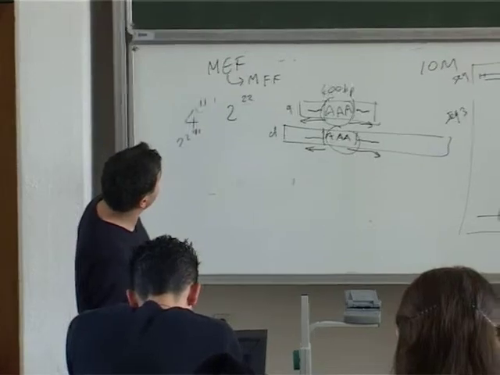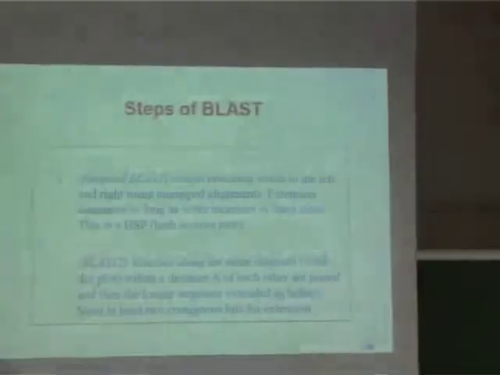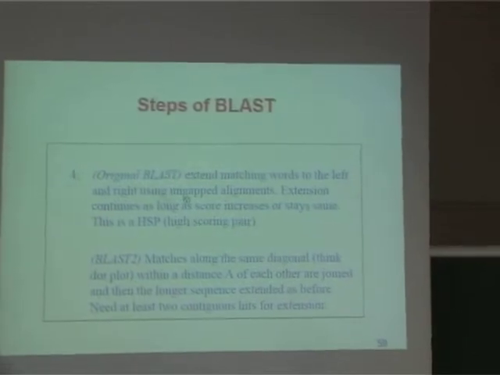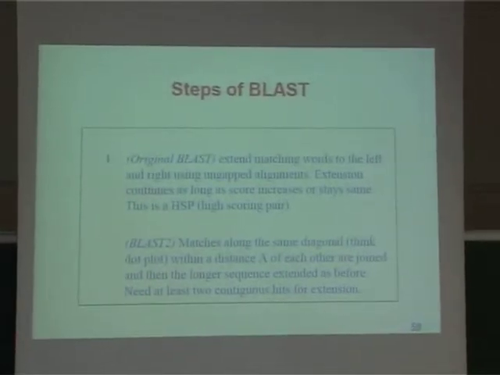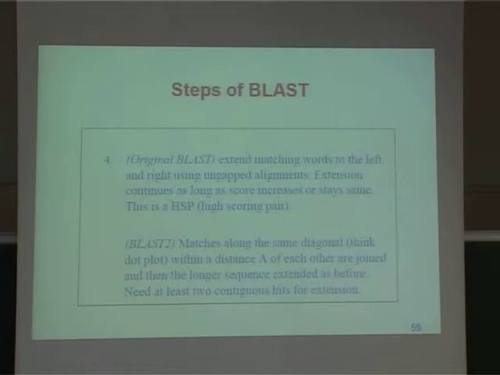And in original BLAST, the seed match is extended to left and right using ungapped alignments. This extension to left and right continues as long as the score increases or stays the same. And we call this query and database sequence pair a high-scoring pair.